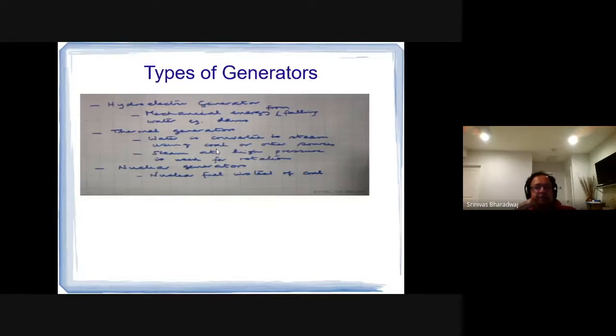Thermal power happens when water is converted to steam using our good old friend Mr. Coal, or in some places natural gas. In the United States they tend to use natural gas, but typically you have some kind of fossil fuel which burns and converts the water to steam.